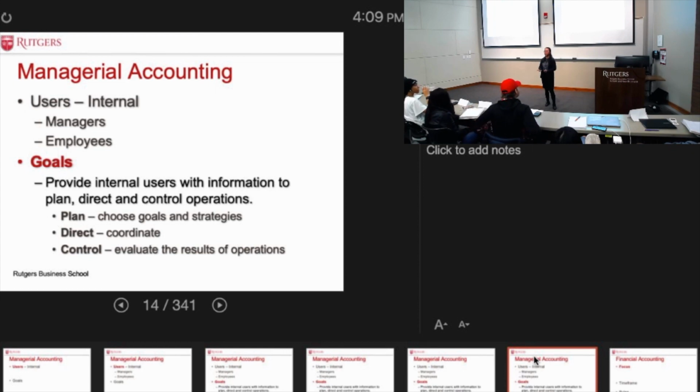So if you find that you didn't meet your goal, then you need to find out why, right? And if you are lucky that you achieve your goal, then you still need to summarize why you made it, right? So those are the three types of decisions that managers make, right? Plan, direct, and control, okay?